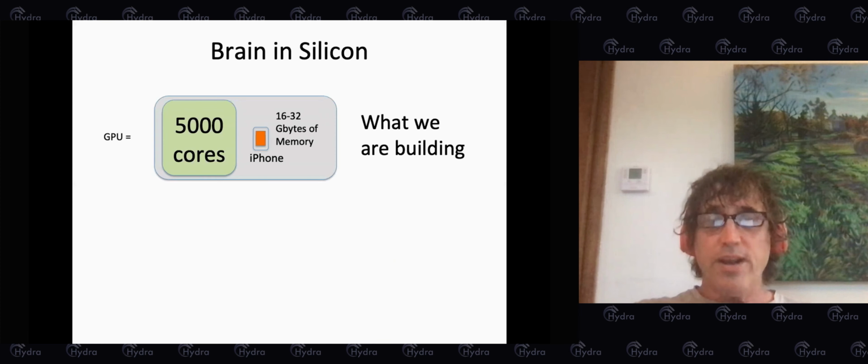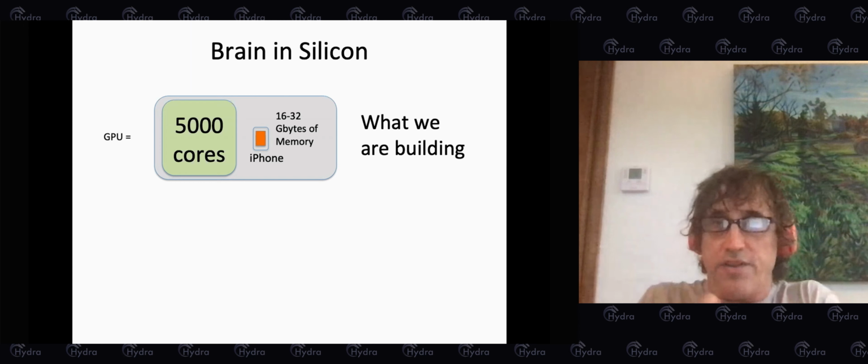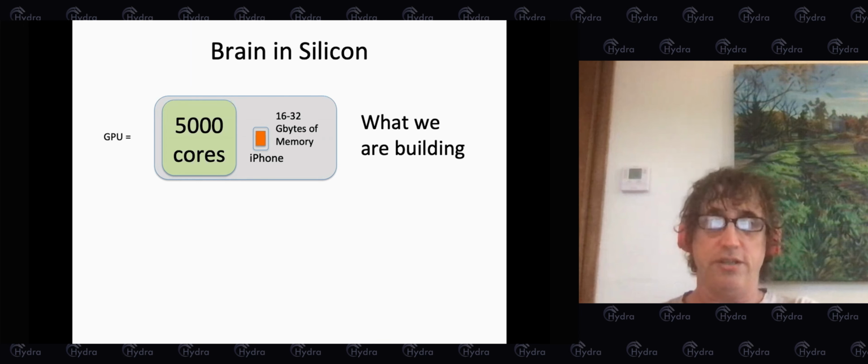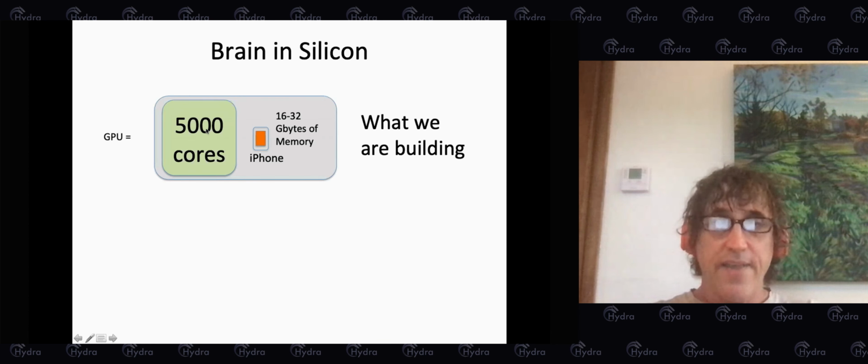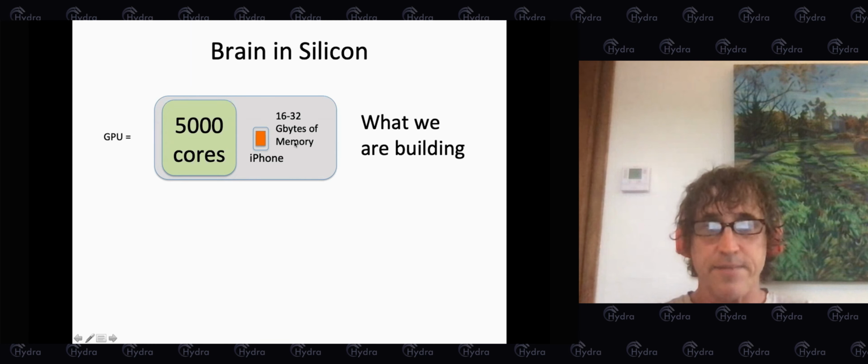So what have I been telling you? What is my high level conclusion from what we know about brains, compared to the silicon that we're building to do machine learning? Well, what we're building is a device with thousands of cores and about 16 to 32 gigs of memory.